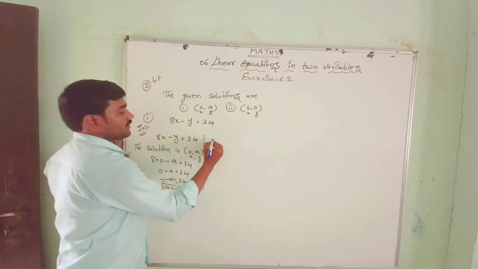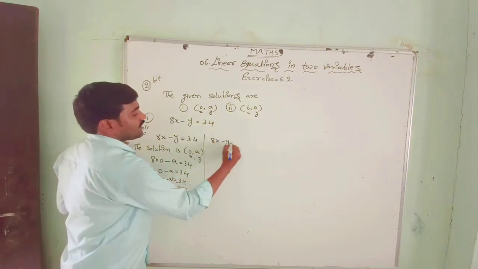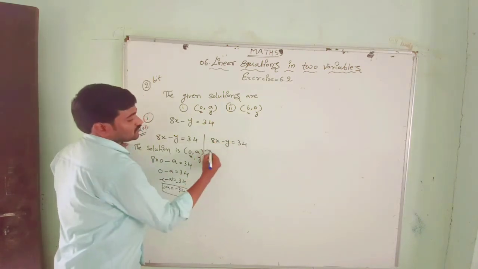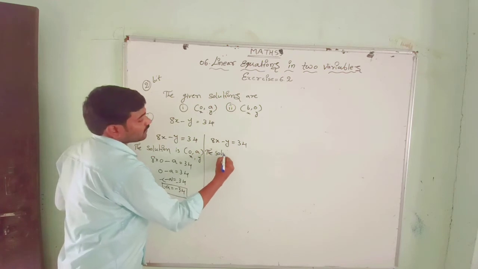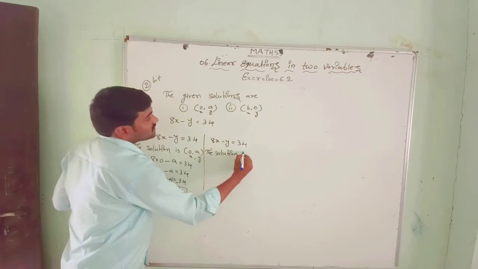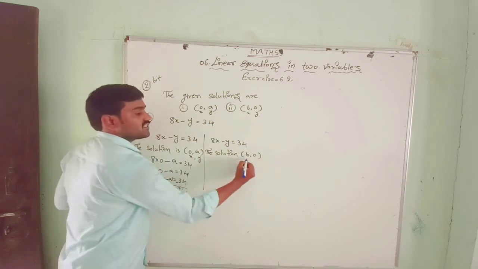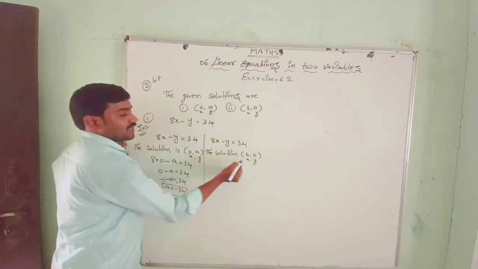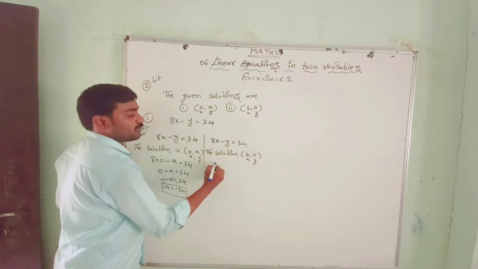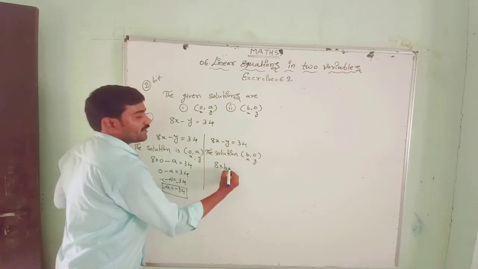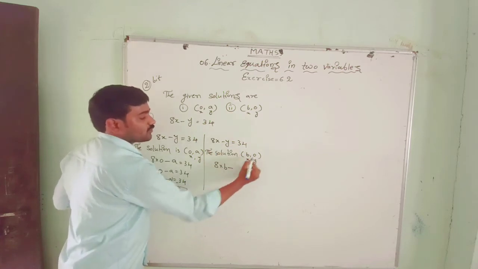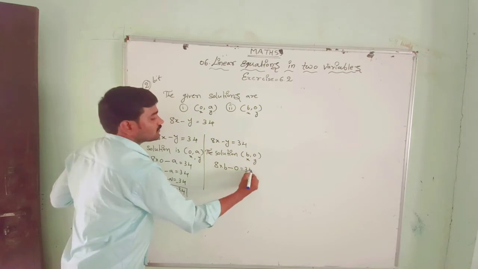Now here 8x minus y equal to 34. The solution this time will be b comma 0. It is x and this is y. Let's put in the place of x, b. 8 into b minus, in the place of y we put 0, equal to 34.